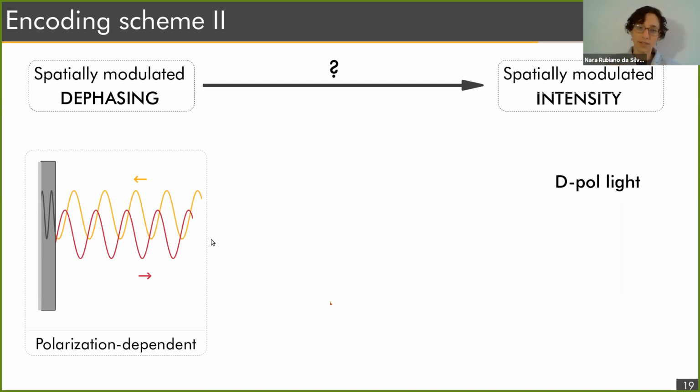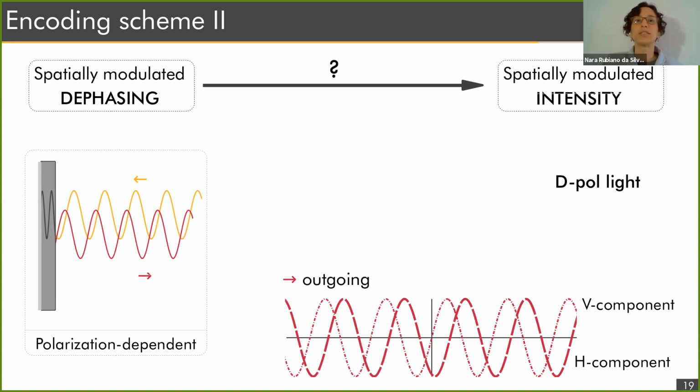There will be a dephasing between the H polarized component and the vertical component, which means that the polarization state of the outgoing light is not diagonal anymore. It's something different. The point then is that if we project the polarization, okay, this graph appeared here.